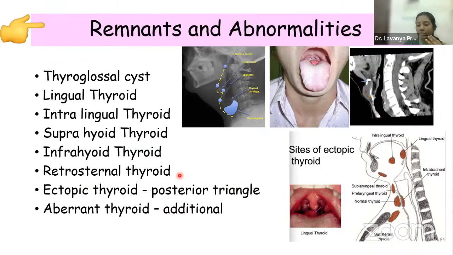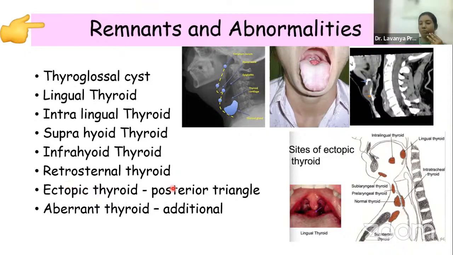Retrosternal thyroid: if there is failure of the caudopharyngeal complex in arresting this bilobed structure at the level of the upper part of the trachea, it can descend further towards the thorax, behind the sternum. Then you will have the formation of the thyroid gland behind the sternum, which is called retrosternal thyroid.